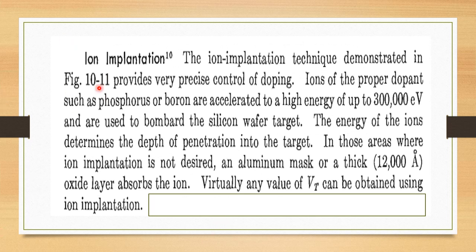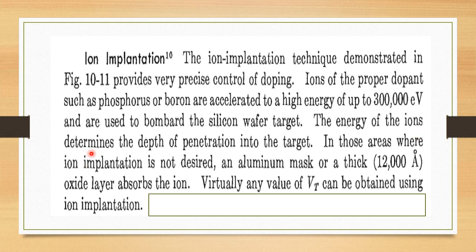Next we look into a process which I have told about earlier, the ion implantation. The ion implantation technique demonstrated in the figure which we discussed provides very precise control of doping. Ions of the proper dopant such as phosphorus or boron are accelerated to a high energy of up to 300,000 electron volt and are used to bombard the silicon wafer target.